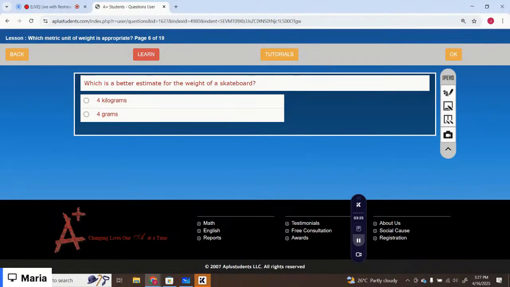Which is a better estimate? That must be 4 kilograms. Option number one is the correct option.